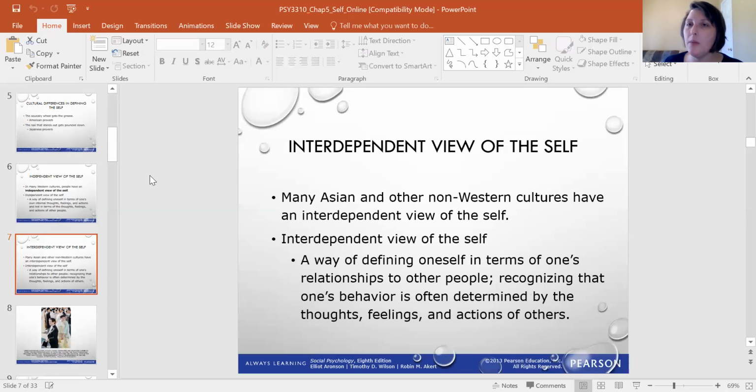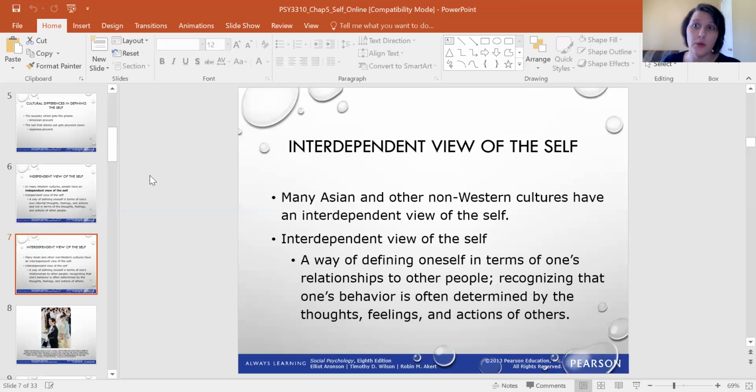So I'll give you an example of looking at this in a smaller scope. So we know that, for example, in the US as a whole, most people have this independent view of themselves. Well, if you start going into different regions of the United States, for example, a very rural region where people sort of stay with family, they don't tend to move a lot, they are concentrated in a particular area.